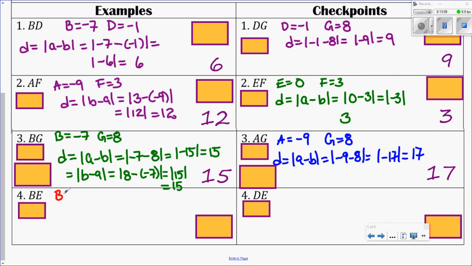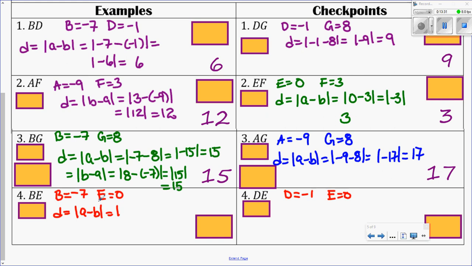B is -7, and E, do I have E anywhere around here? Yeah, 0. And then for this one, D was -1, and E is 0. Again, I'll use the same formula. Don't forget the absolute value.